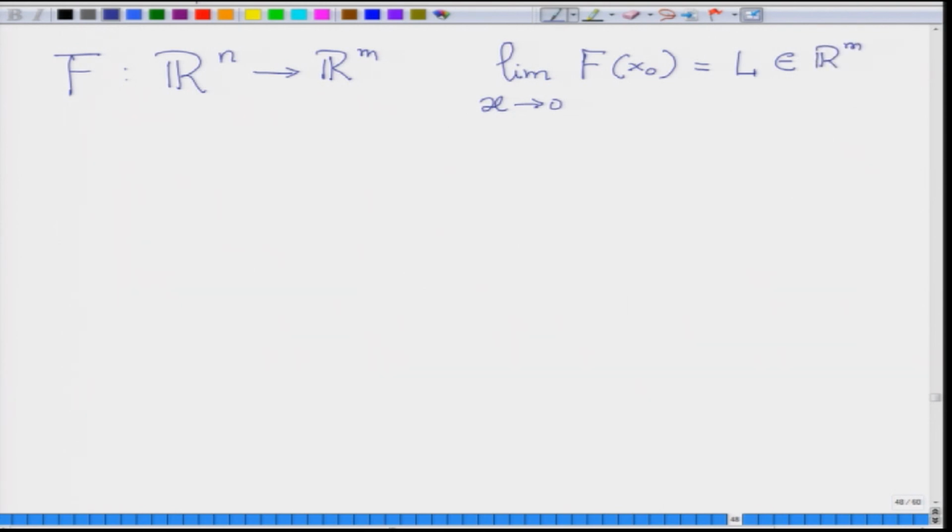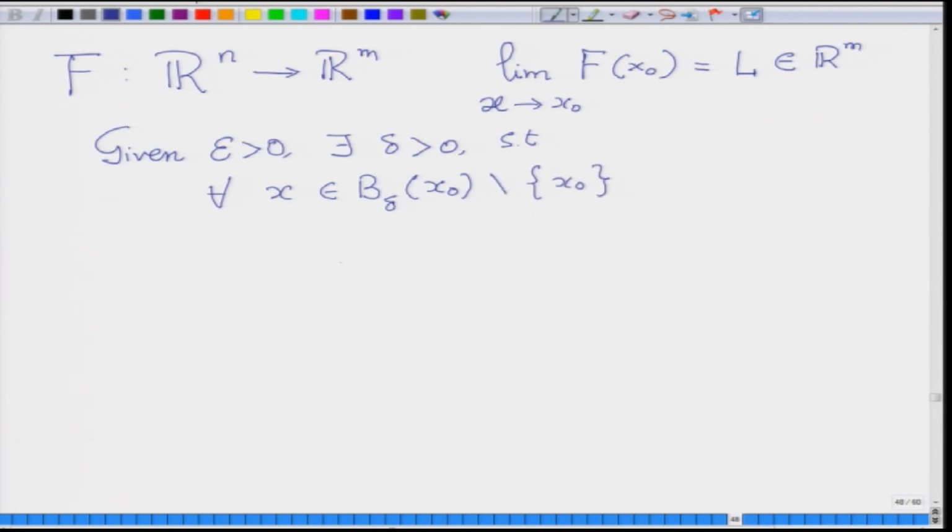What does that mean? If the vector function goes to some vector, it will mean in a similar way that given epsilon greater than 0, there exists delta greater than 0 such that for all x an element of B delta of x naught, without the point x naught, the norm of F x minus L, the distance between F x and L because it is a vector, must be less than epsilon.